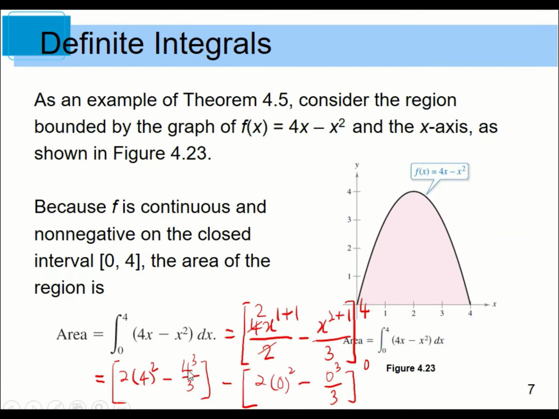So when we solve this, 16 times 2 is 32, and this will be 64 over 3, which is 4 to the power of 3 over 3.